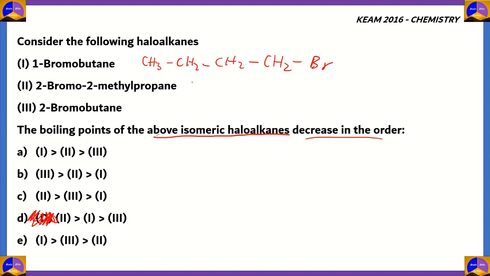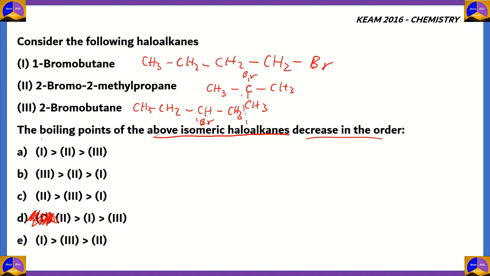And you have 2-bromo-2-methylpropane, which is CH3, C, CH3, Br, and CH3. And finally, you have 2-bromobutane, which is CH3, CH2, CH, Br, and then CH3. So therefore, you have the structures for all of these isomeric haloalkanes.